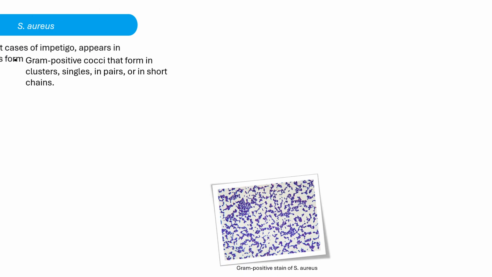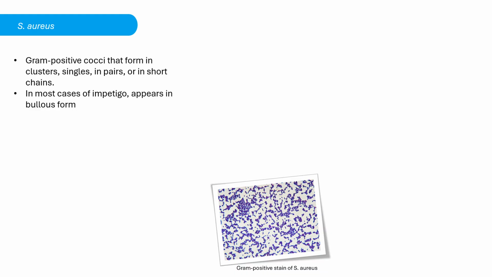The Staphylococcus aureus bacteria is also gram-positive, spherically shaped, and it forms clusters, singles, pairs, or short chains. In most cases of impetigo, it appears in the bullous form.